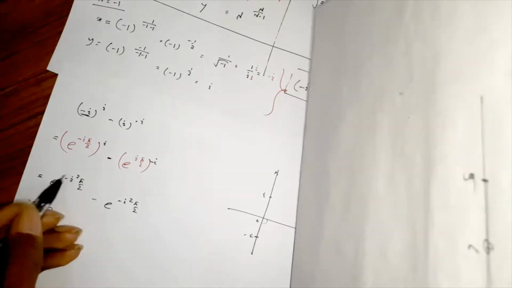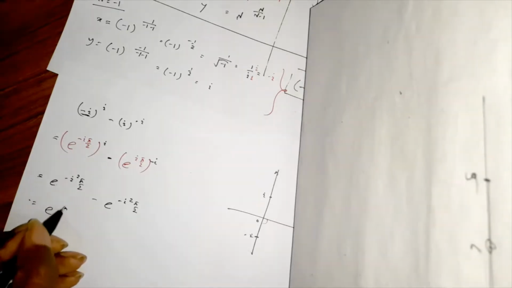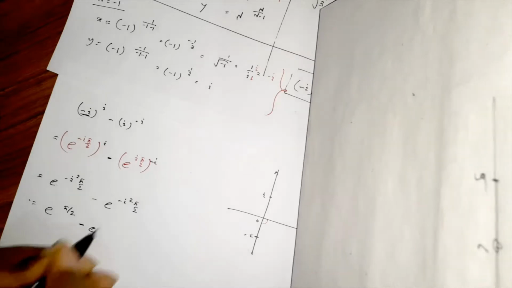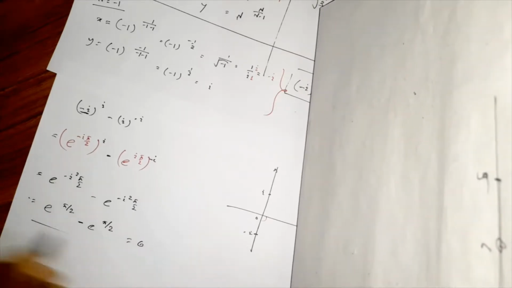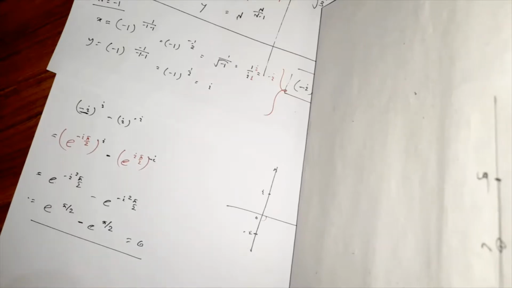Since i squared is minus 1, there's e to the power pi over 2 minus e to the power pi over 2. Actually this is 0, so we are correct.